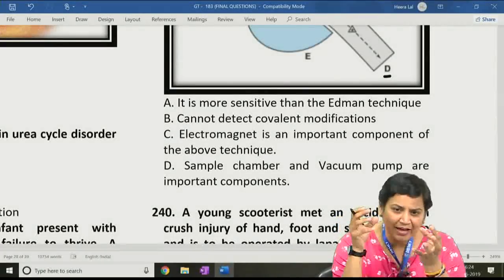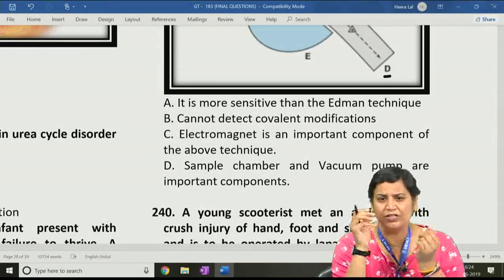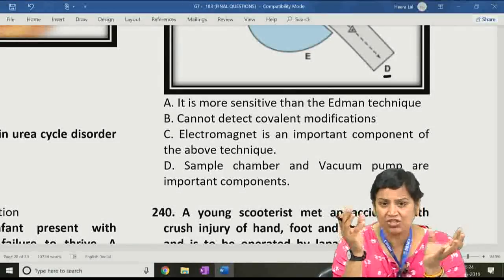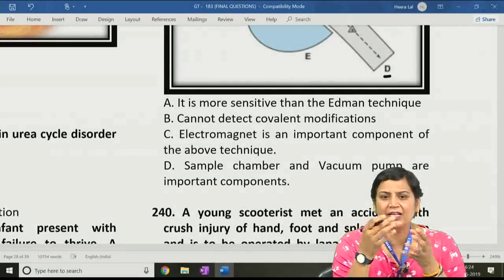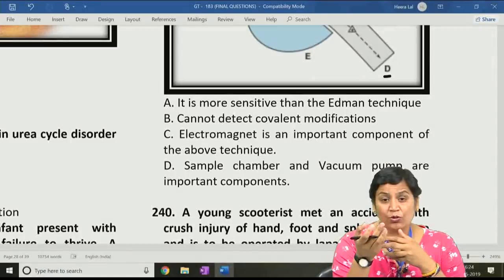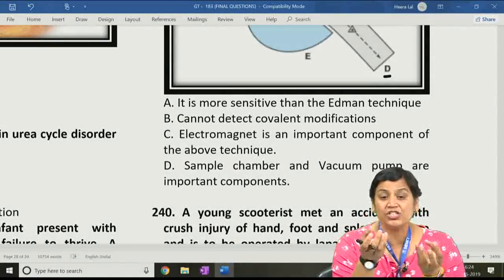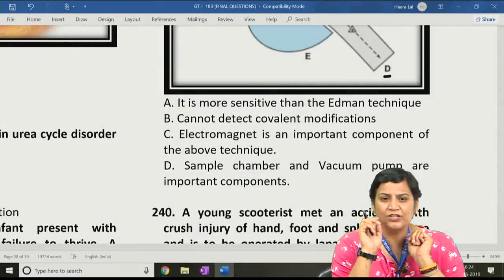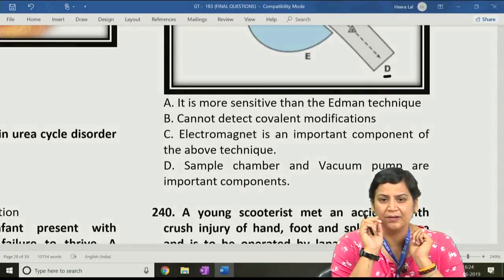And vacuum is basically for ionization in the presence of this electric field. So there will be ionization and movement of the amino acids as per their charges. If the molecular weight of a protein is higher, the magnetic orientation detected by this detector will be greater. So the answer to this question is, they can detect covalent modification.